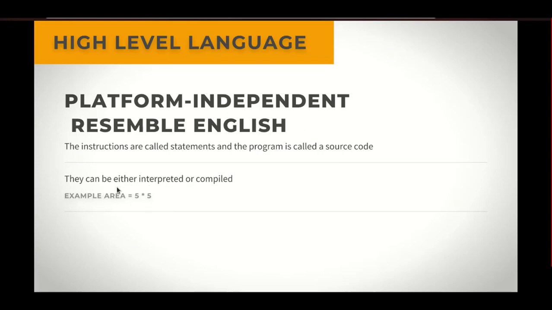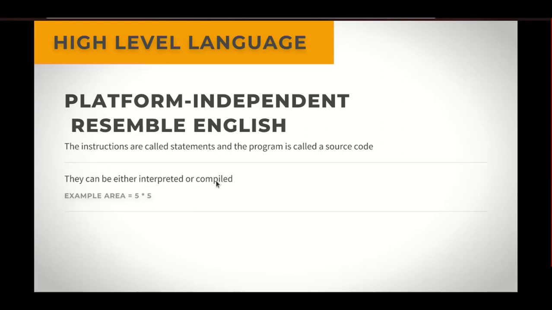So here is an example of a statement, and as we can see, area equals 5 times 5 is really straightforward, and it's English like. As we said, in assembly language the assembler handles the translation, right? In high level language we have interpreters and compilers.